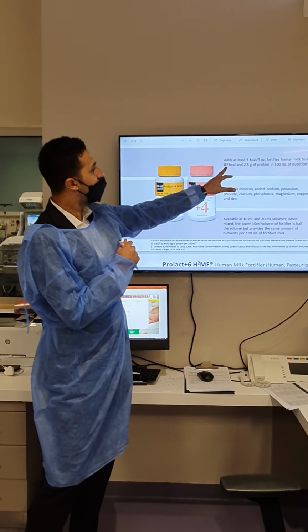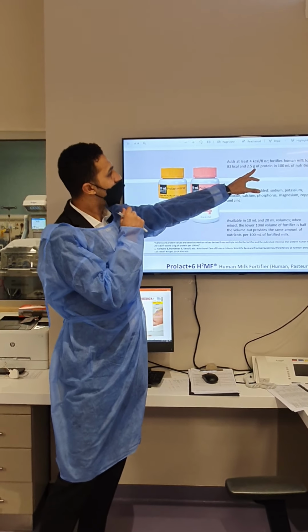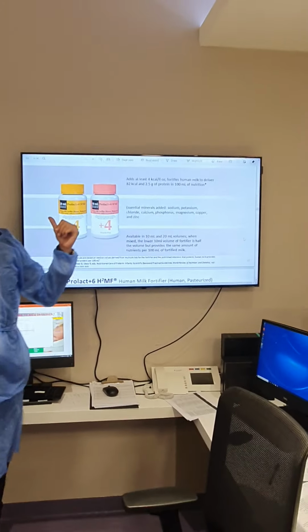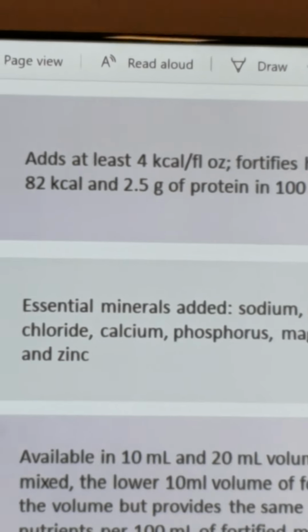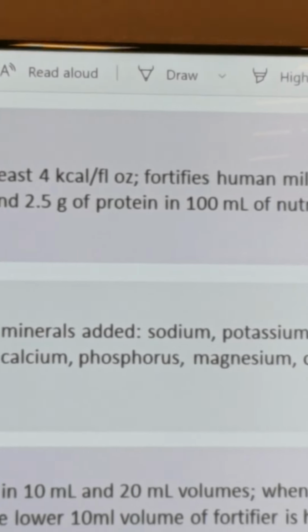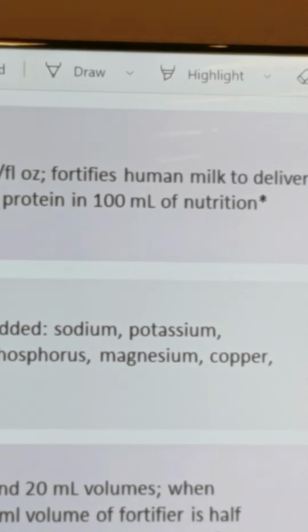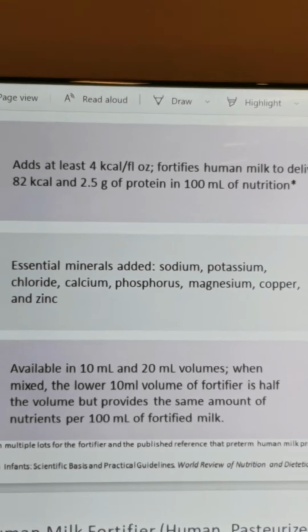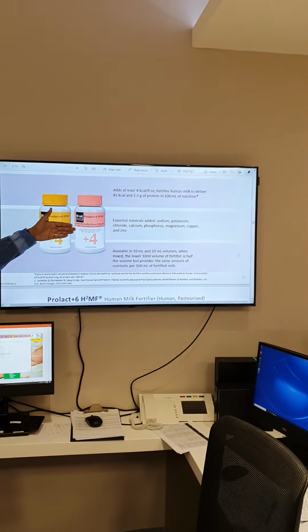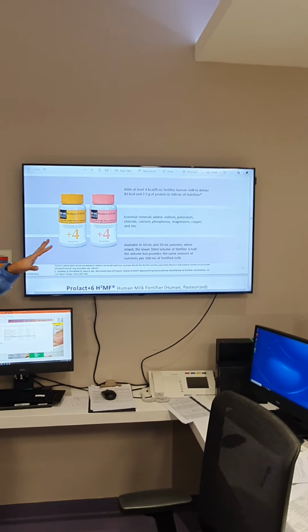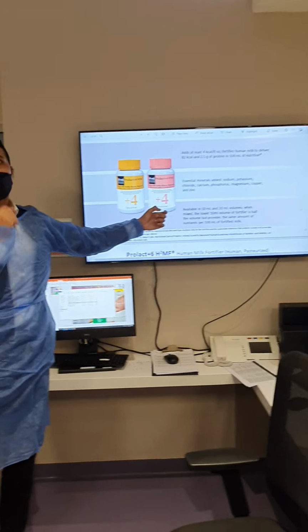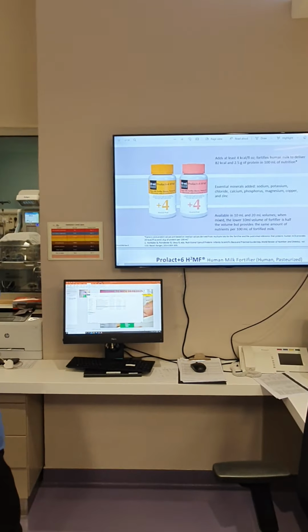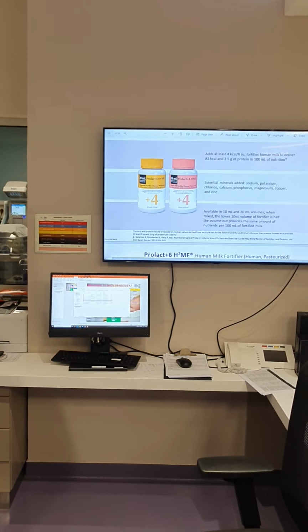+4 will give 82 kilocalories and 2.5 grams of protein per 100 ml after mixing, or 50 ml. It's the same content, because here we just isolate the same content, 20, 80, 40, 100. It will give the same content, 82 and 2.5, but this gives you the luxury that if you don't have enough EPM, you can mix with 10 ml. It will give you the same content of protein and fat.